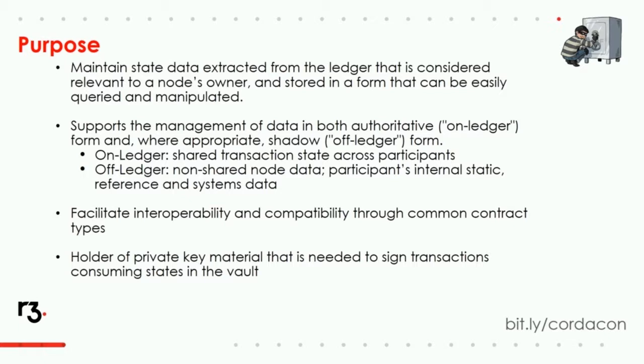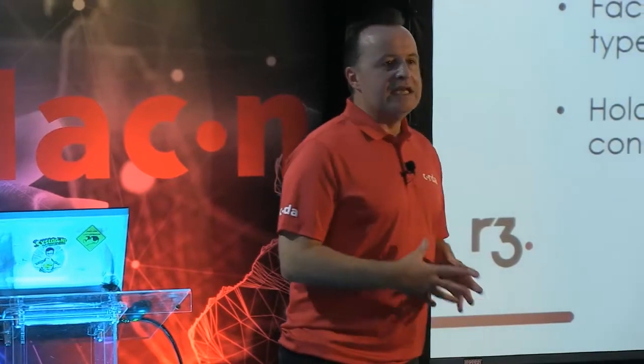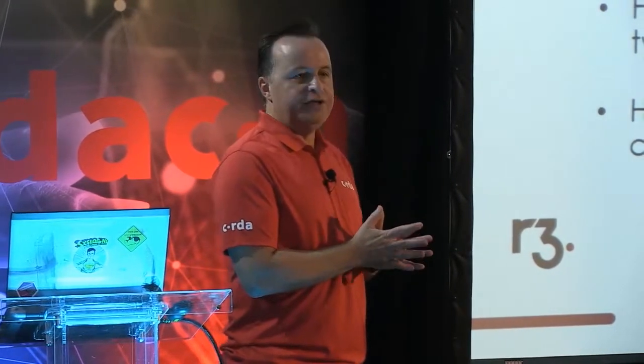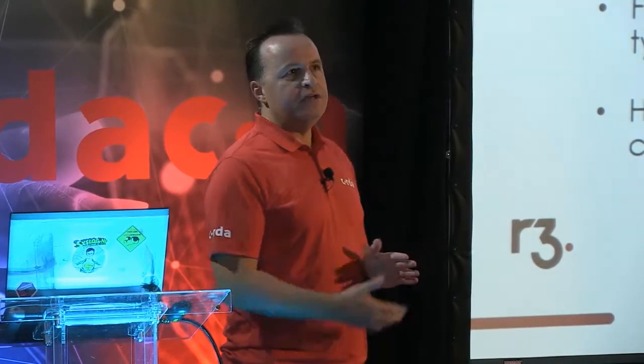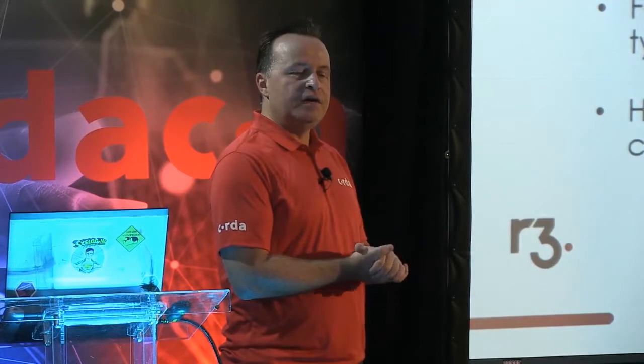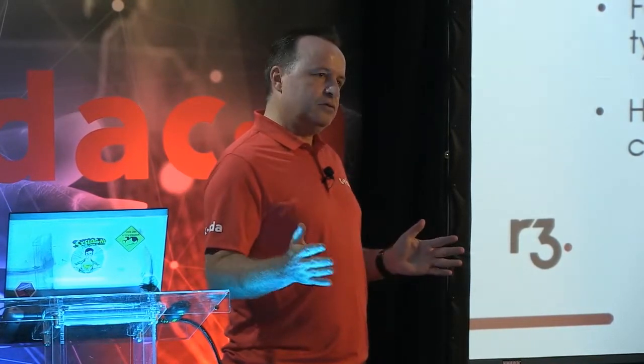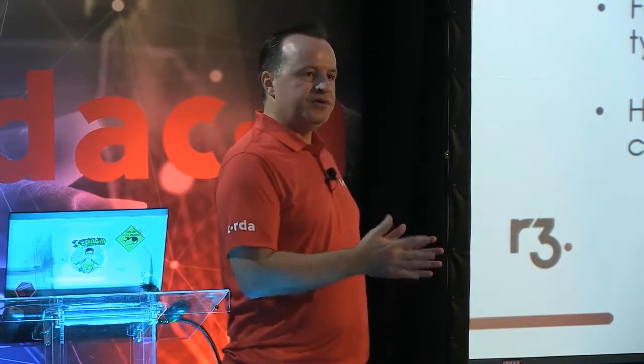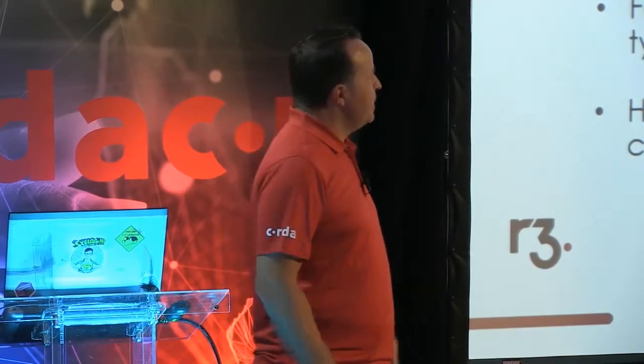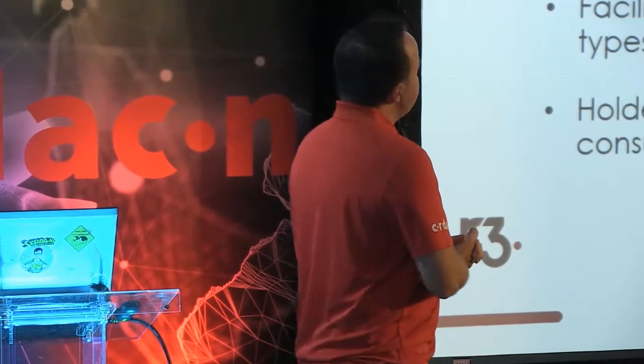It could be a fungible state, something that's spendable, like coins, equities, commodities, anything that can be gathered together and spent, or it could be a linear state. A linear state is something that evolves over time. If you think of a trade in a trade life cycle, that evolves over time, has different states, pre-settlement, post-settlement, etc. So there are two types of state.